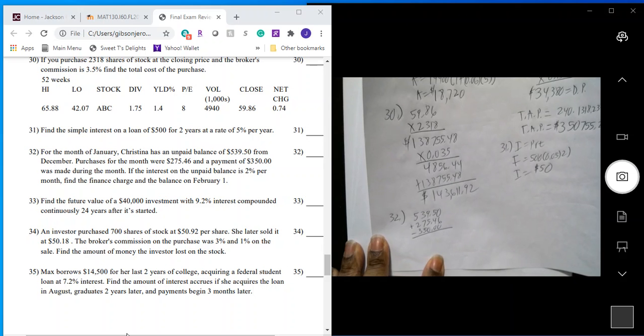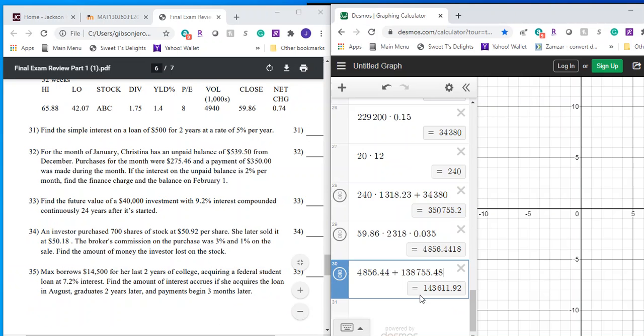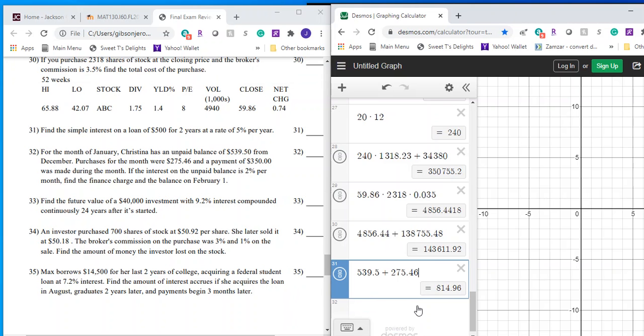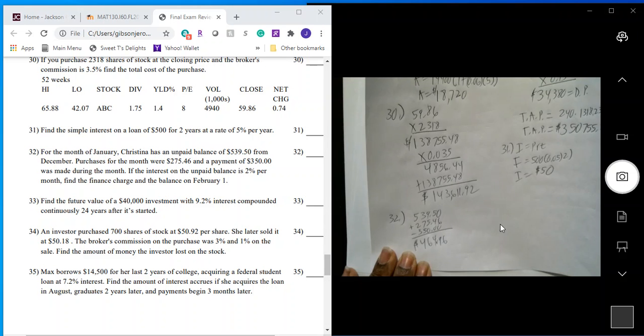So let's take our calculator. So we have $539.50 plus $275.46 minus $350. So this would be $464.96.